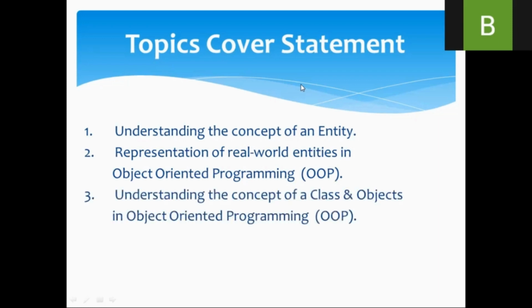In the third topic, you will learn about understanding the concept of a class and objects in object-oriented programming, which is also known as OOP.